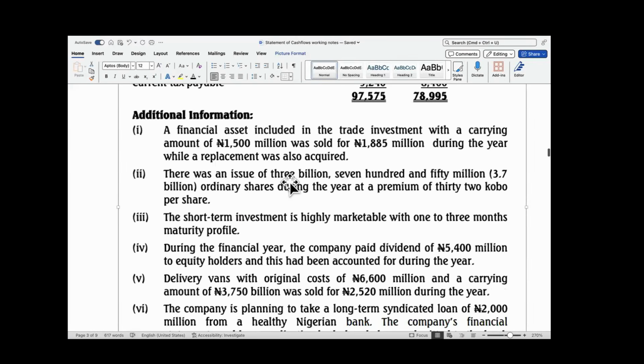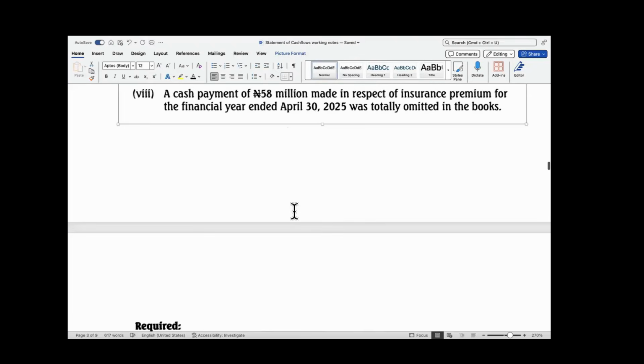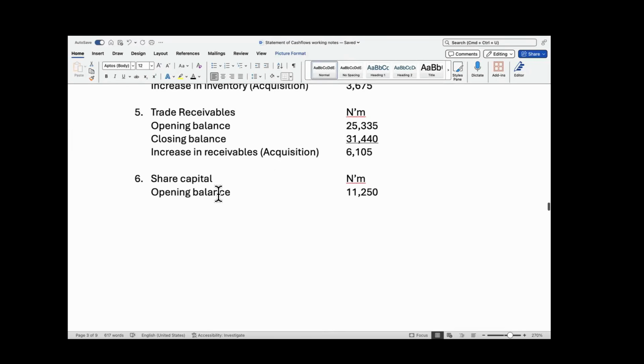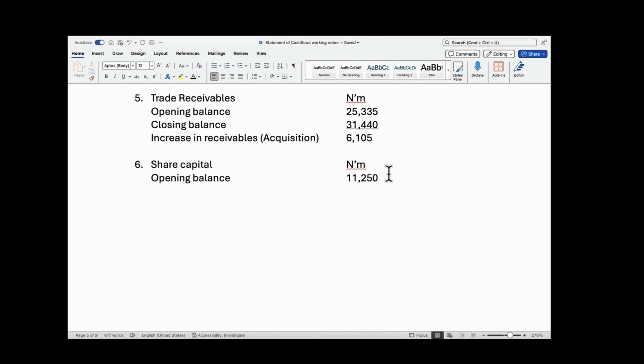So they issued it at a premium of 32 kobo. But what goes to my share capital is the nominal value of 1 naira. So this is 3750. This goes to statement of cash flows under financing. So what's the expected closing?